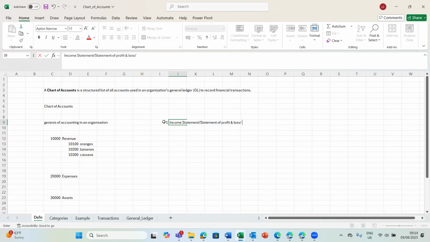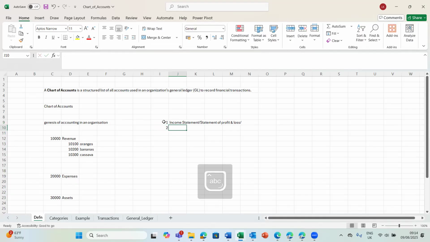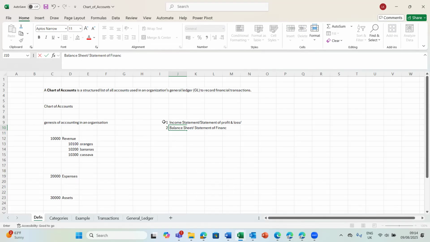And then you have the balance sheet, which is now being called the statement of financial position. So the elements of these two financial statements are where we get the accounts.